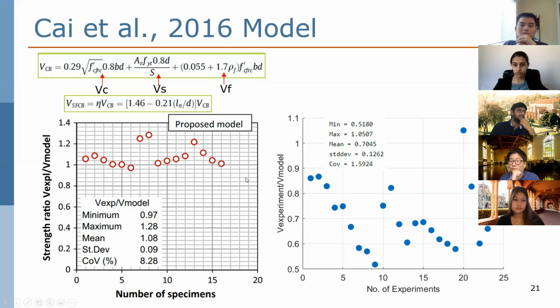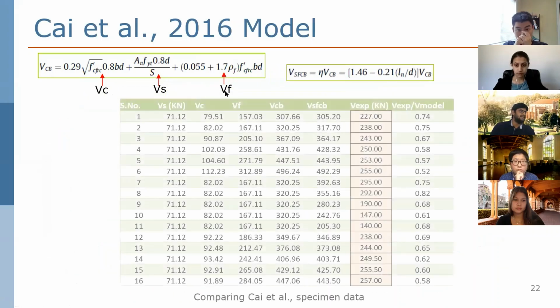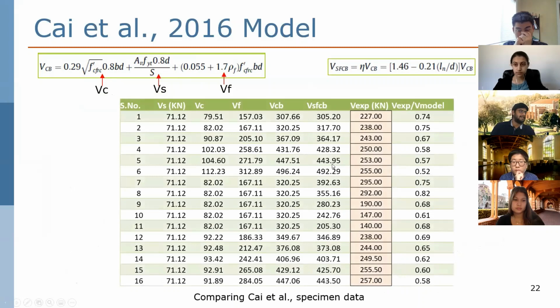This is something that I'm currently working on, but I took inspiration from this equation. Next up, this is the same table, but with a more in-depth analysis of the contribution of concrete, fiber, and the same equation remodeled. But as you can see, the expected over model is still not sufficient.